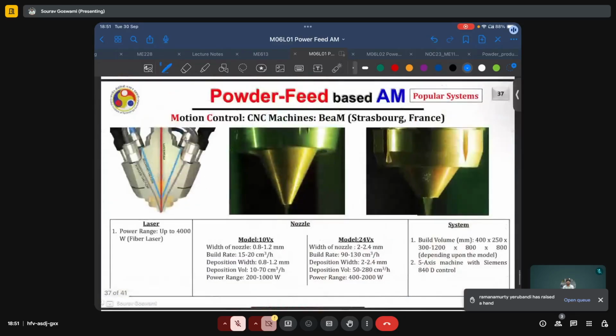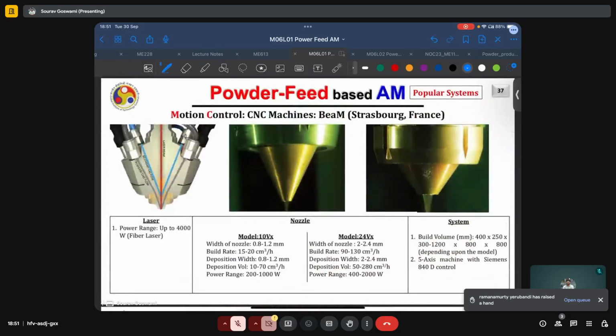We also have this French machine from BeAM, which has laser power up to 4000 watts, and two models where the width of the nozzle can vary from 0.8 to 2.4 mm. Build rates can vary between 15 to 130 cubic centimeters per hour. The deposition width is between 0.8 to 2.4 mm.